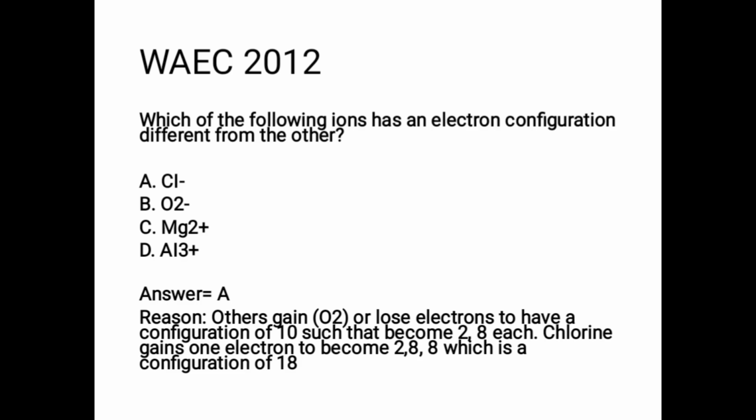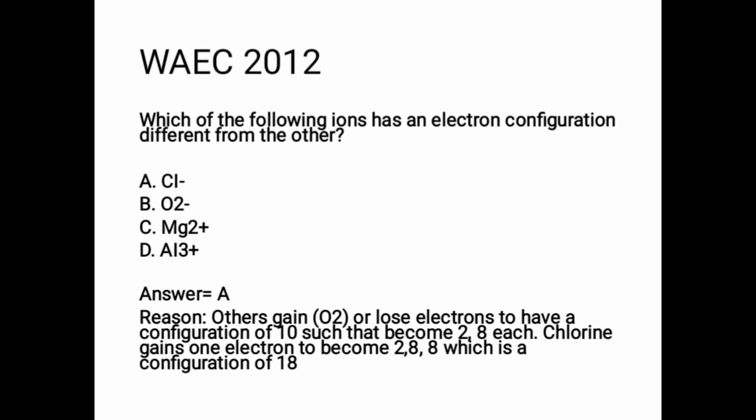For instance, chlorine has gained 1 electron, oxygen has gained 2 electrons, magnesium has lost 2 electrons, aluminum has lost 2 electrons. Now, what's the implication? Chlorine is supposed to be 2,8,7, like we have done in the shell orbital. So if it has gained one electron, it becomes 2,8,8.